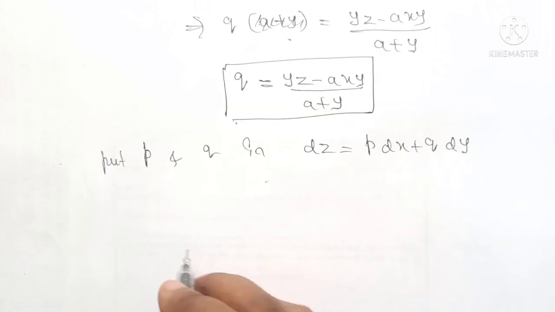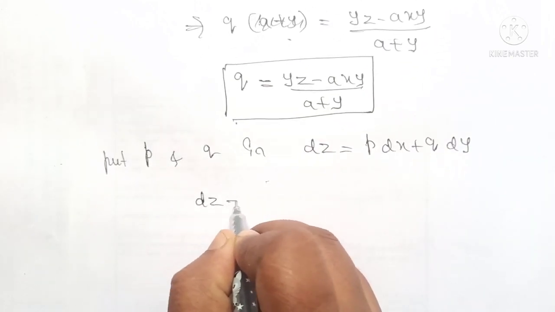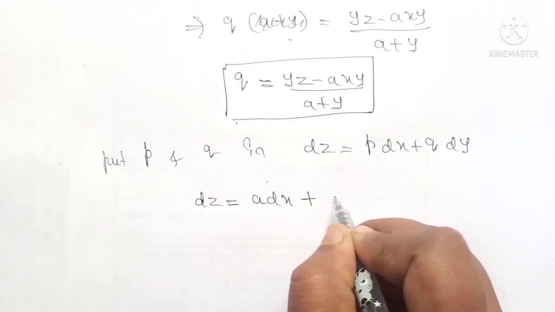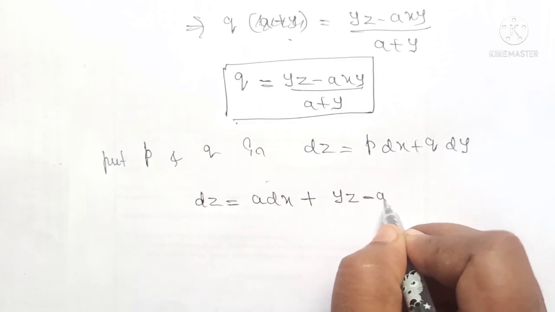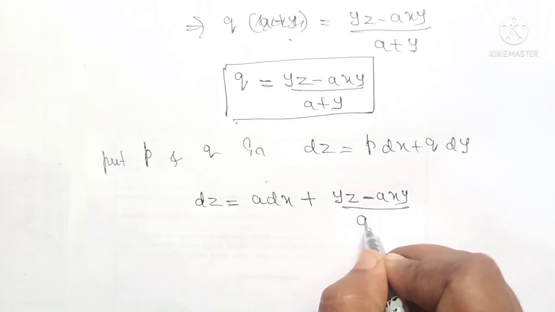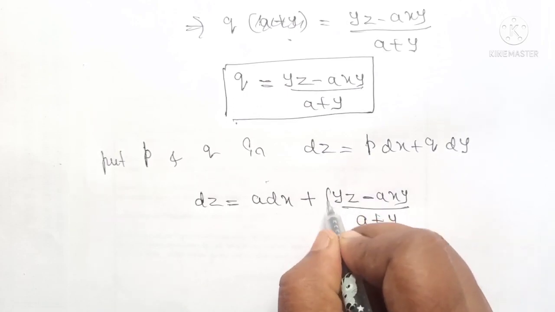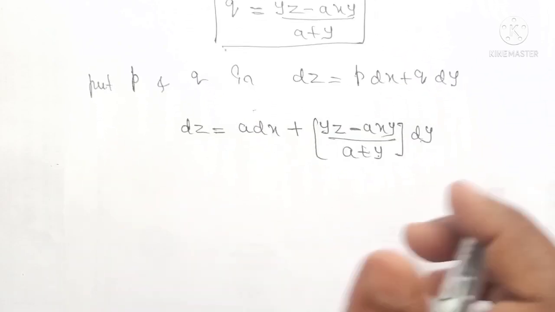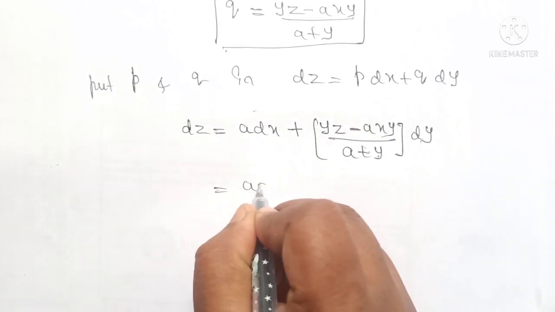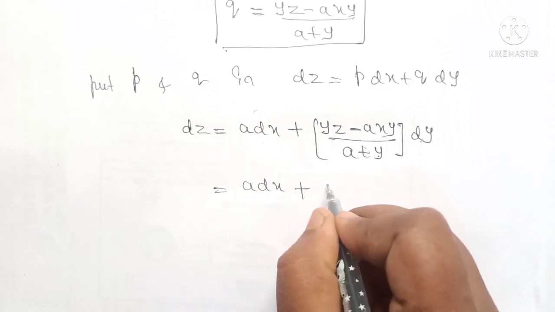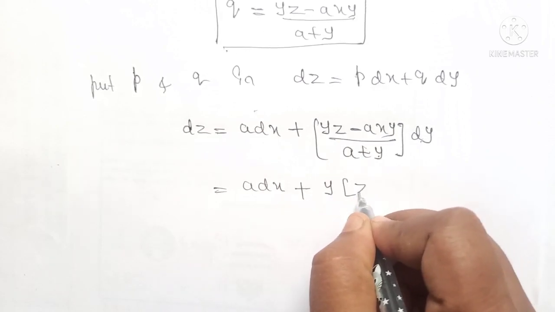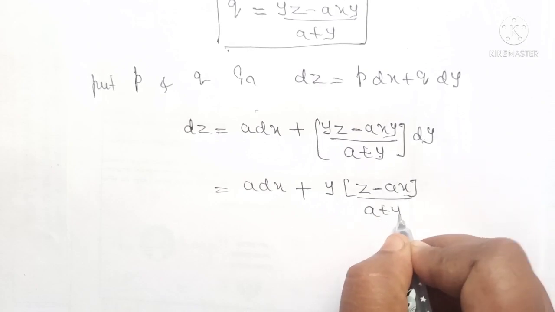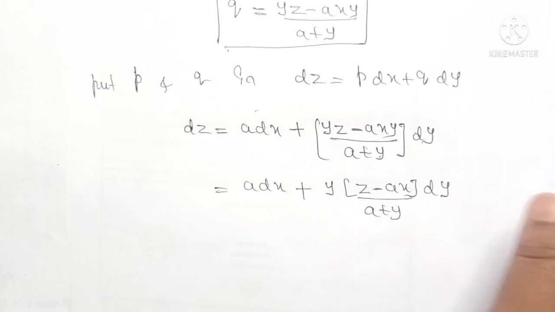We get dz equals a into dx plus yz minus axy divided by a plus y into dy, or it can be written as a dx plus y taken outside, z minus ax divided by a plus y into dy.